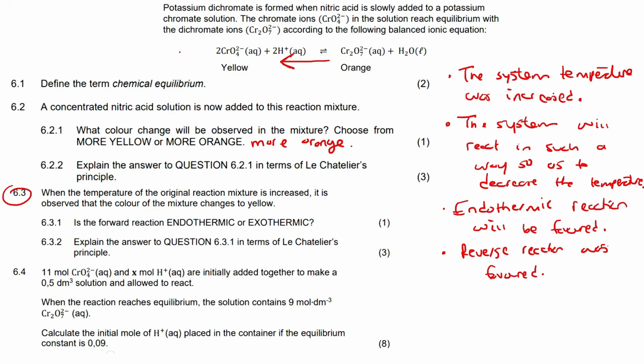Okay, so now look at these two statements and make a conclusion about the forward reaction. If the endothermic reaction is being favored, and we know that the reverse was favored, that means that the reverse reaction is the endothermic. That means the forward reaction must be the opposite. So the forward reaction is exothermic.